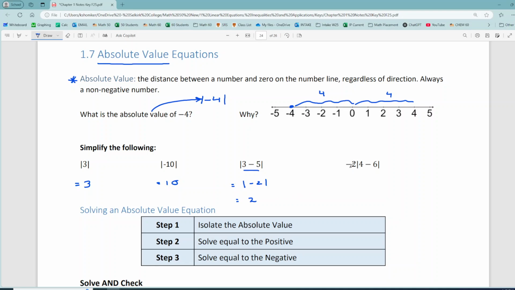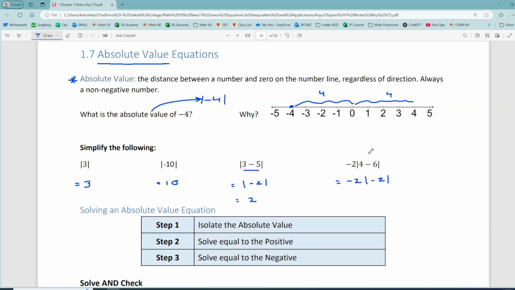If you had something like -2 times the absolute value of 4 minus 6, you would think about BEDMAS and you would do the brackets first. These are absolute value brackets. So inside the bracket, we would do 4 minus 6, which is -2. And then just like these other three expressions did, there's this weird thing with absolute values where they have their own operation.